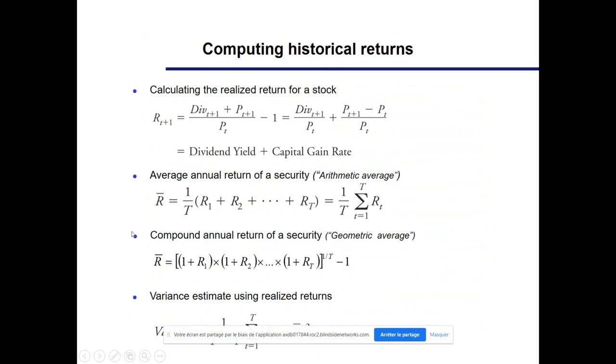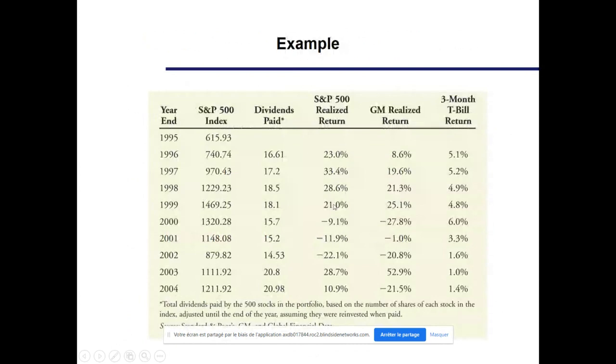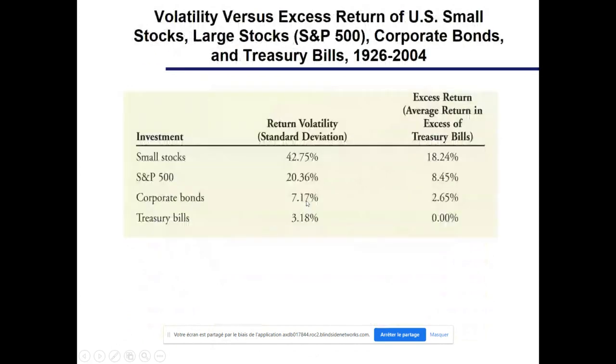We can calculate the average annual return arithmetically, or we can use the compound annual return, which is more common, which we call the geometric average. And we can see that the risk premium, the level of extra returns provided by each risky asset, corresponds to, or has a kind of correlation with, the risk of each risky asset.